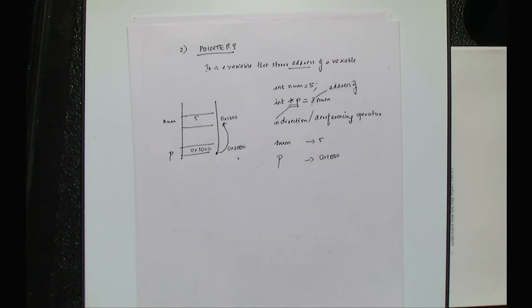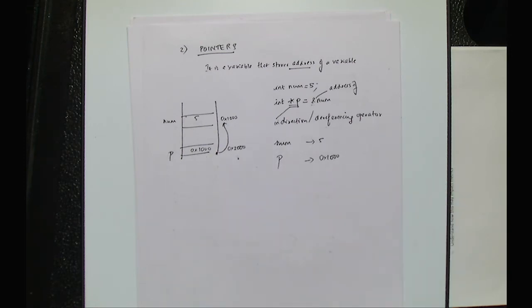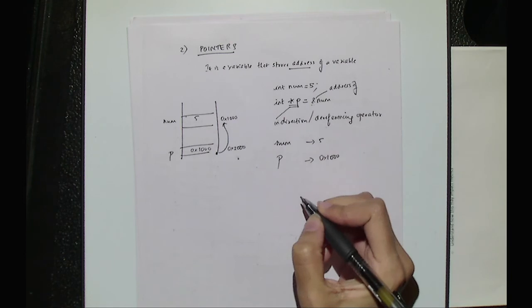If you do %p, it's going to print the address. What I'm trying to say is what value it contains. I shouldn't have used the word print. I'm saying what value does it contain? It contains this address, right? Okay.